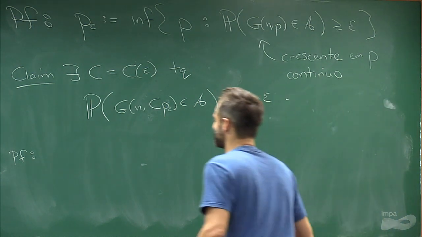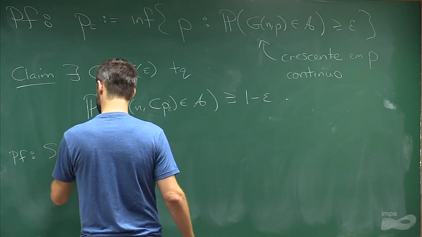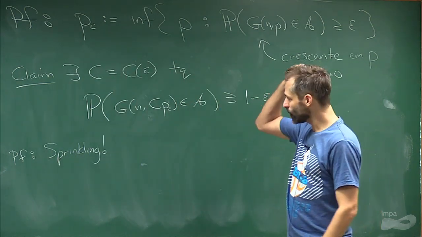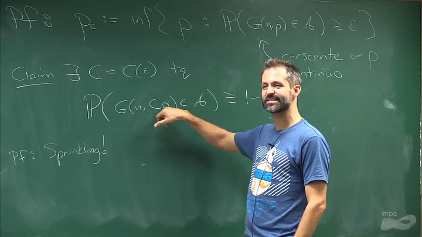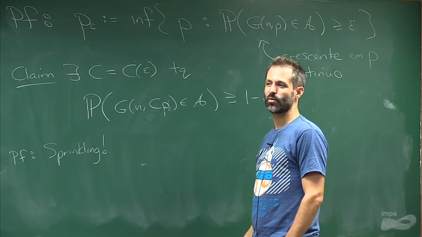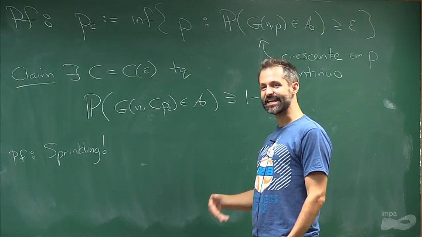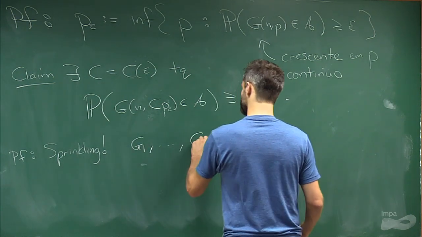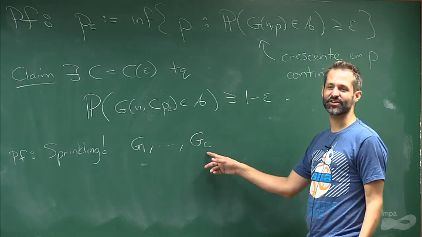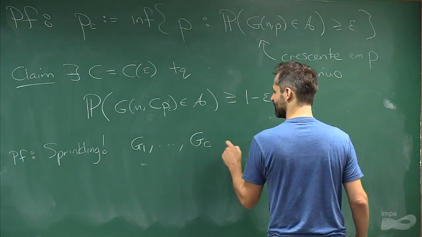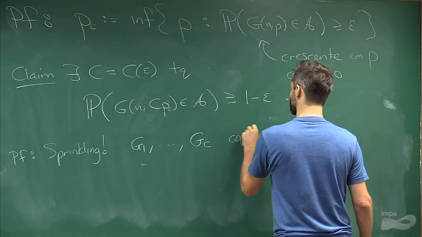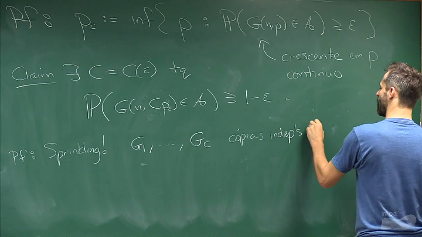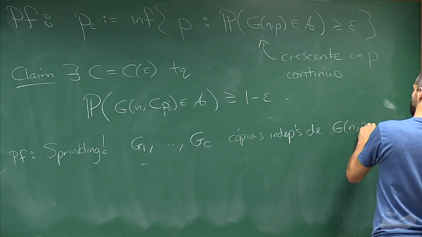I'm going to use sprinkling. So what have we got? We've got a random graph that's C times denser than the original one. Well, that contains C copies of the original one. So let G1 up to GC, let's just pretend it's an integer, who cares, be independent copies of G(n, p epsilon).